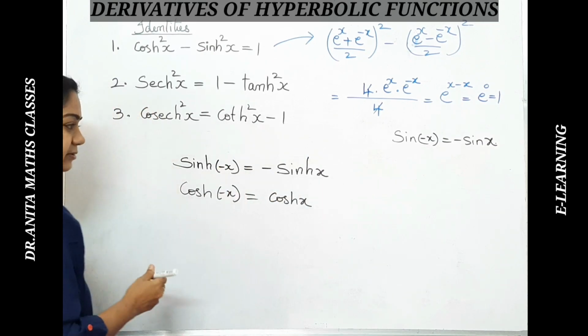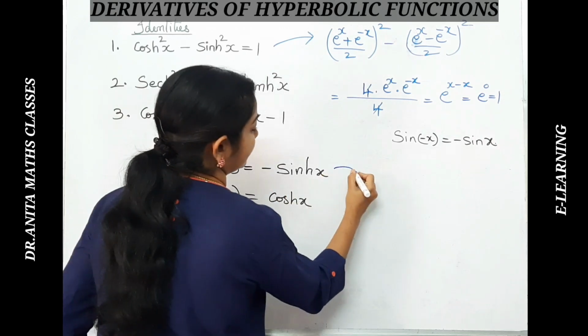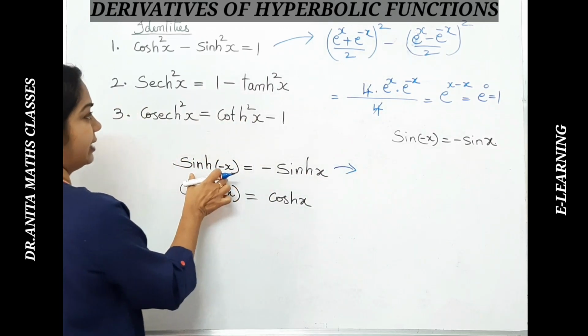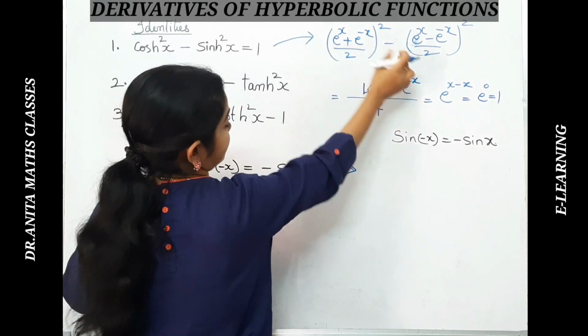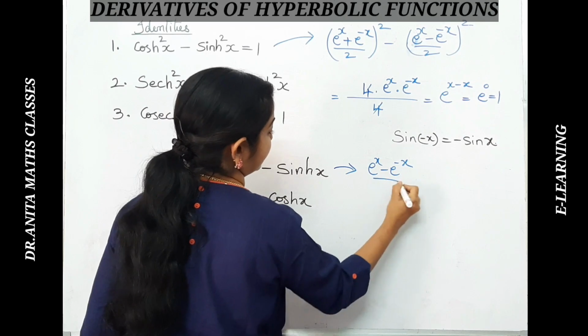We can prove this here. Let us prove the first one. If you are taking the LHS part, here sinh of x is e raised to the power of x minus e raised to the power of minus x by 2.